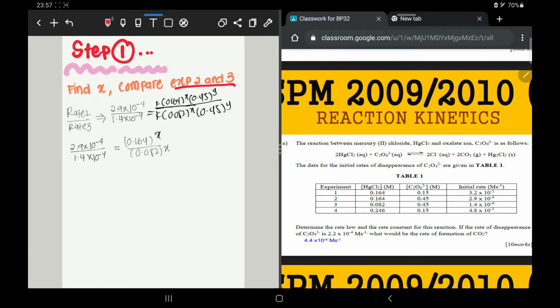Because when you compare experiments 2 and 3, you would be able to cancel out the concentration of C2O4 2- over here, and thus we will be able to work out the value of x. We can cancel out the concentration of C2O4 2-. Also, we can cancel out the k value, because k for every experiment is the same. So when you have the same value, you can cancel it out.